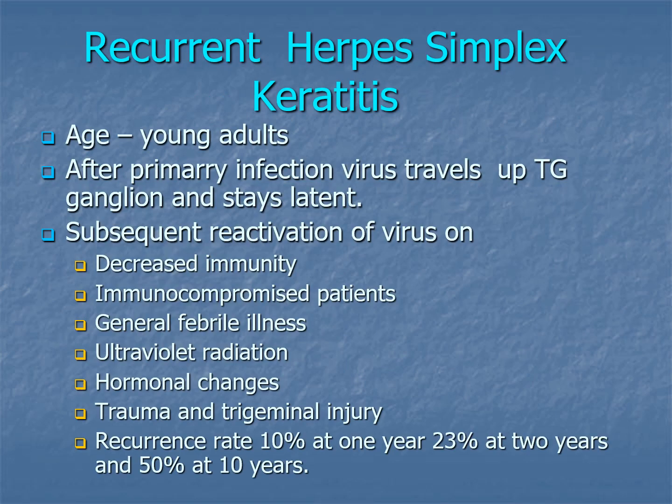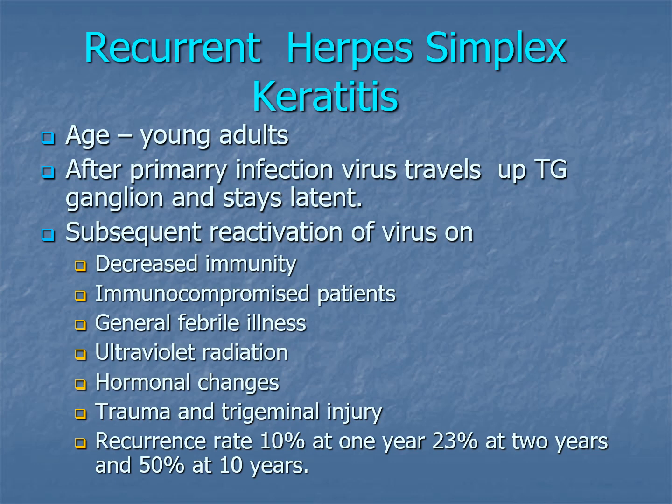Now we come to recurrent herpes simplex keratitis. It usually affects young adults. After primary infection, the virus travels up into the trigeminal ganglion and stays there dormant. Subsequently, when favorable conditions are present, it travels down and causes keratitis.